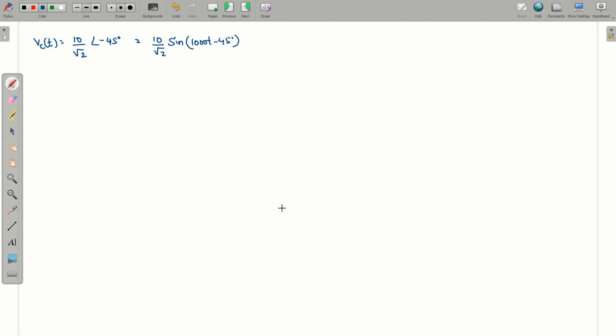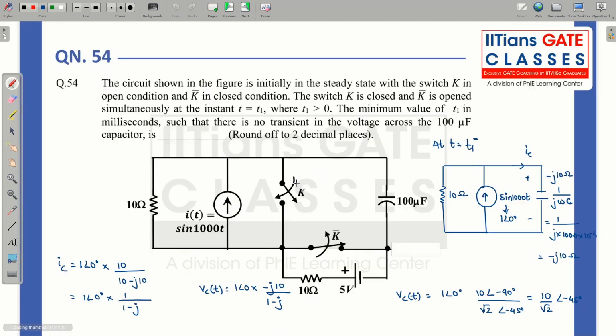Now just after switching, at t equal to t1 plus, the switch K closes. If it closes, this part of the circuit will short out, and K complement opens.